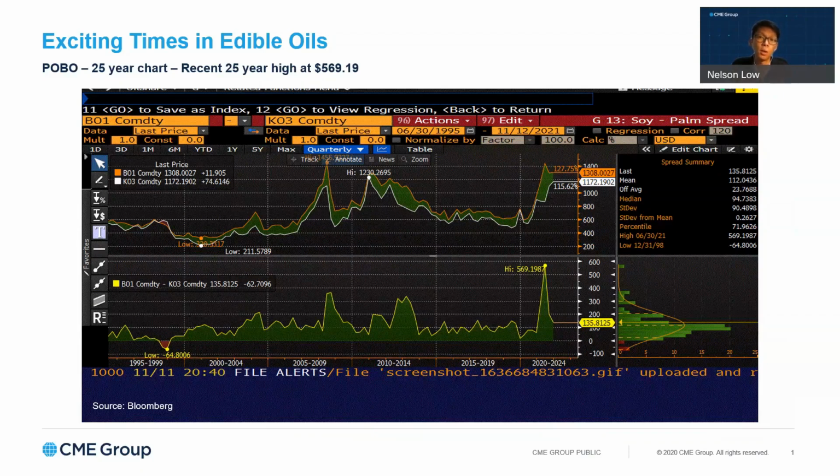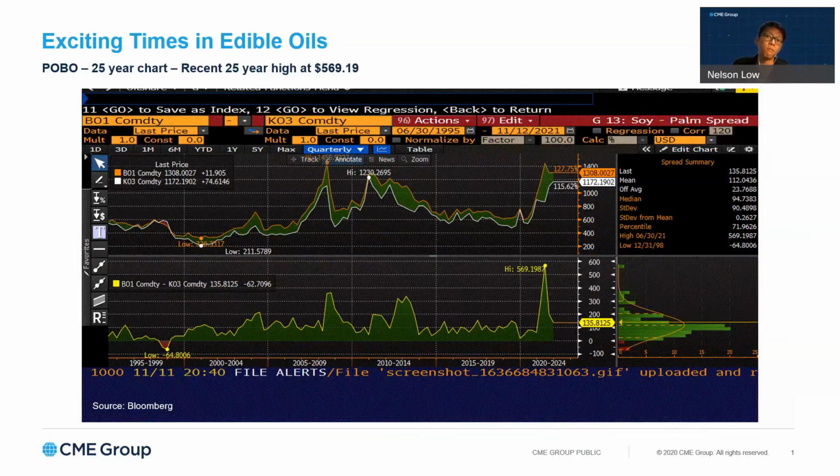The chart on the lower left hand corner, that is basically the spread. So it's basically the price of bean oil converted into US dollars per metric ton. Remember, it's in pounds. So you need to convert it from US dollars per pound to US dollars per metric ton. And then we take the price of the Bursa Malaysia FCPO, and that's in ringgit per metric ton.